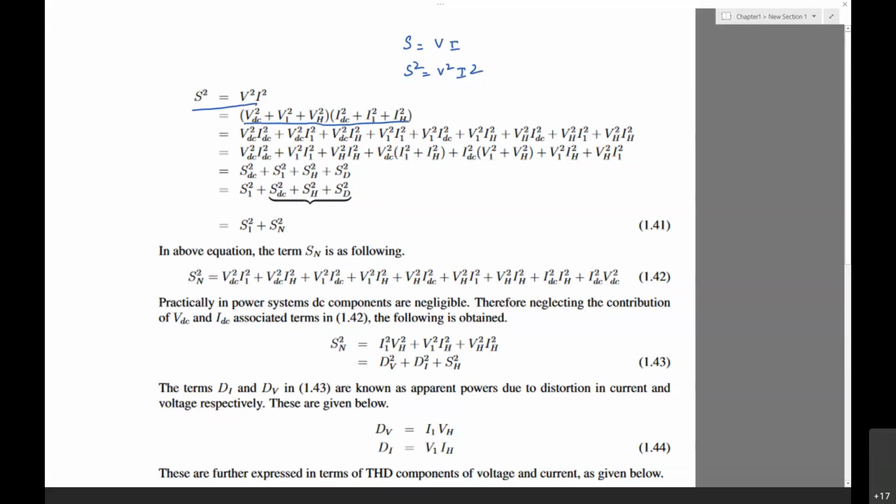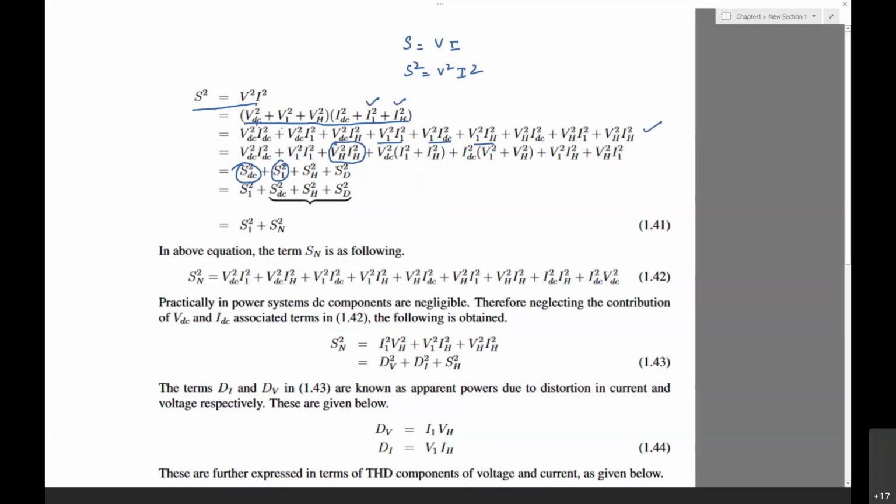Once you simplify this, we will get the DC apparent power and then the fundamental power, and this power is of the similar frequency components of the voltage and the current. We need to multiply VDC square, IDC square, VDC square plus I1 square, and so on, then V1 square comes. In total we got 9 terms here.